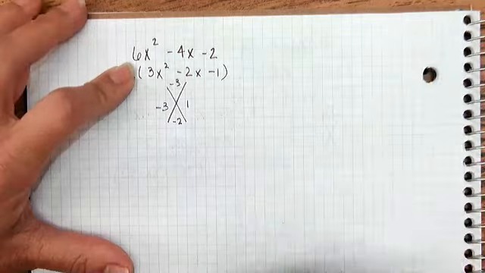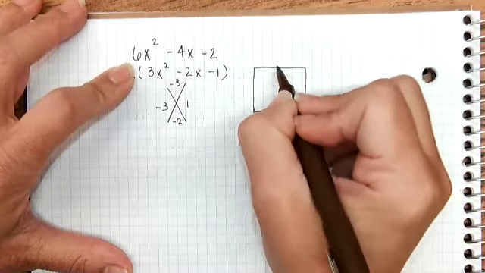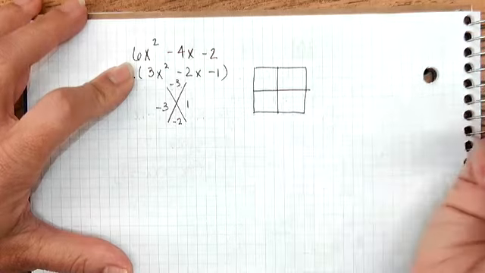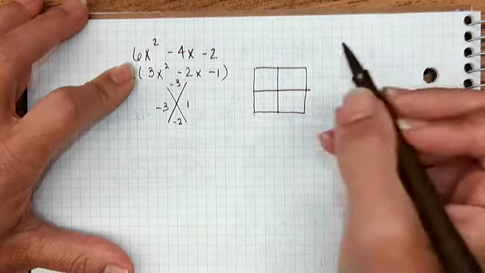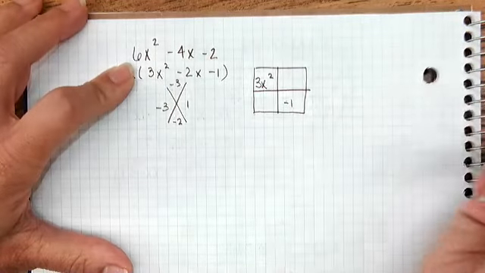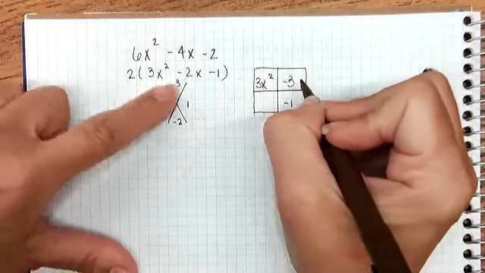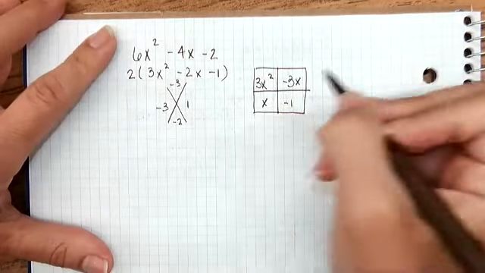So either make your box or group. I will do this problem by the box. I'll do the next problem by grouping. First box, first term. Last box, last term. -3x. Just put an x on it because that's the variable.